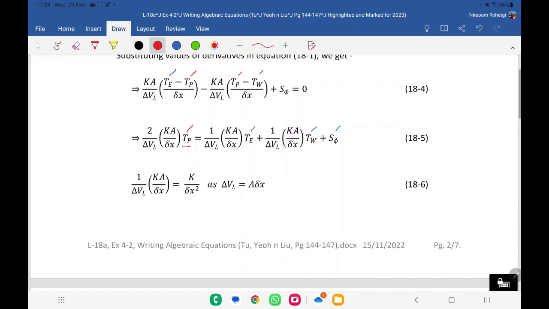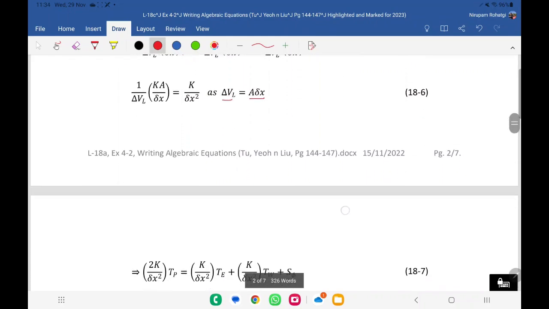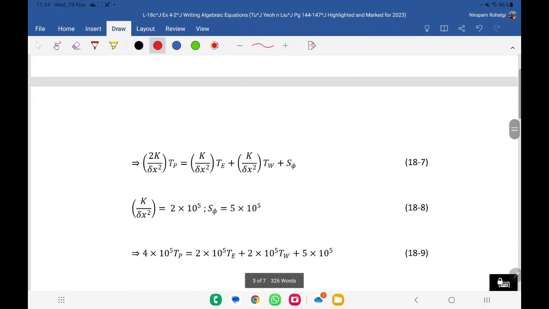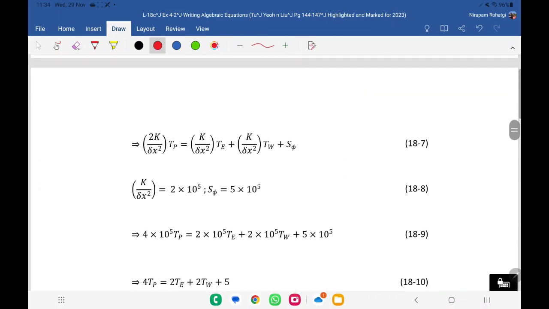Now this K A by delta x by delta volume is nothing but K by delta x square, because your delta volume is equal to A into delta x. Okay, so then we are putting the values for it.